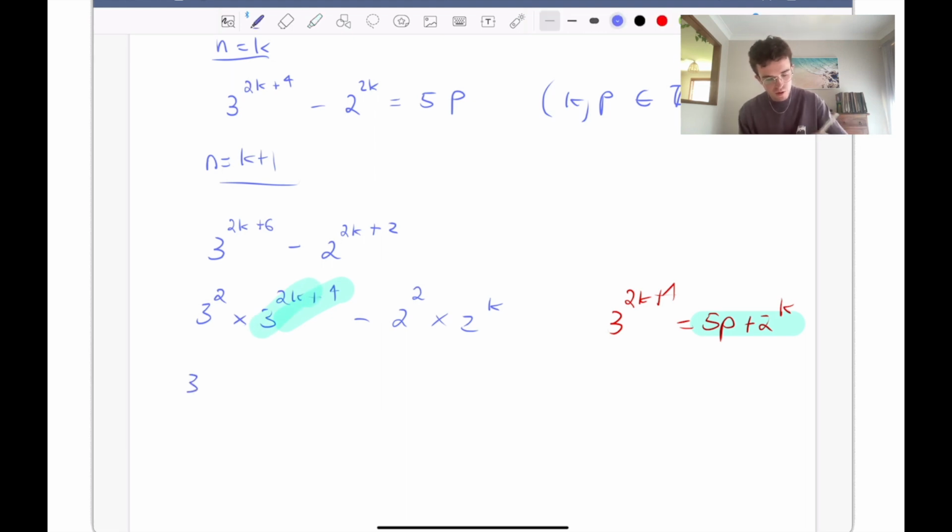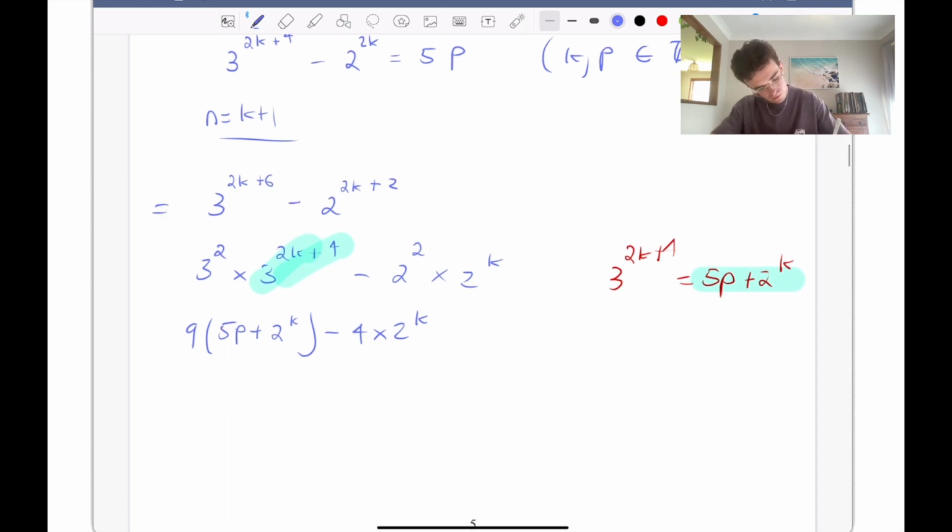So we've got 3 squared, which is 9, times 5p plus 2 to the power of 2k, minus 4 times 2 to the power of 2k. If we expand that, 9 times 5 is 45p plus 9 times 2 to the 2k, minus 4 times 2 to the 2k.